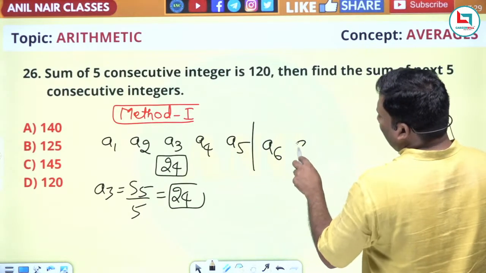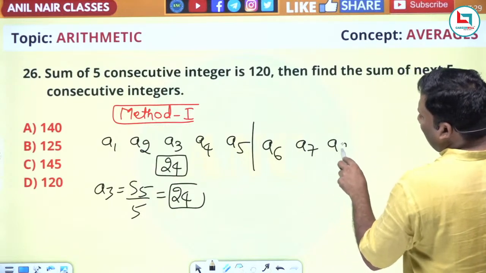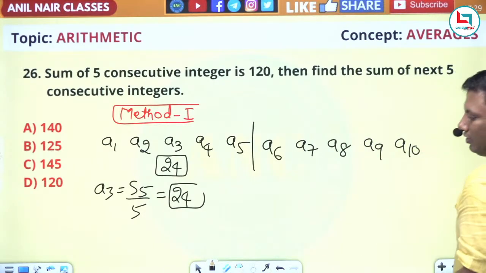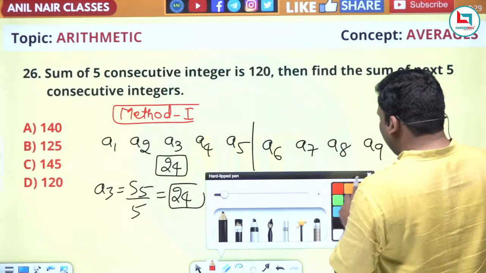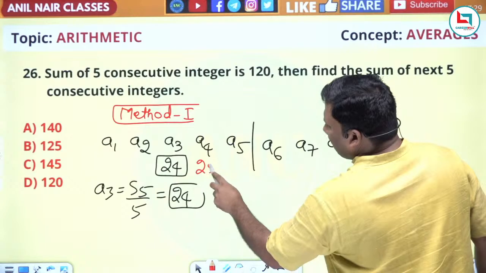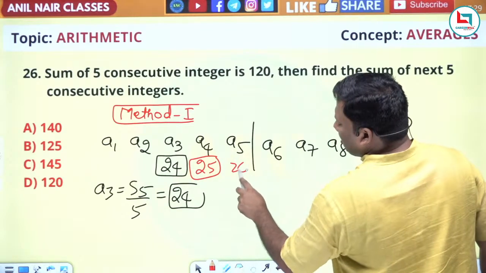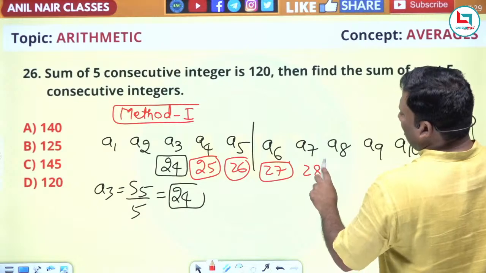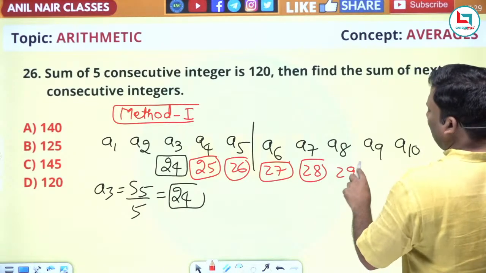Next 5 will be A6, A7, A8, A9, A10. They are all consecutive numbers. 24, this will become 25, 26, 27, 28, 29.